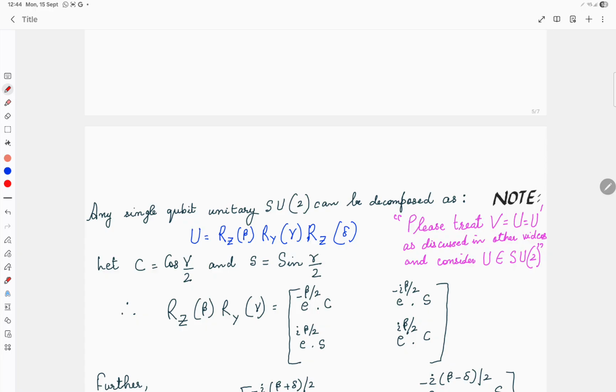So this is the universal gate decomposition formulation, where any unitary matrix which belongs to the special unitary group SU2 can be decomposed into rotation matrices with ZYZ configuration.